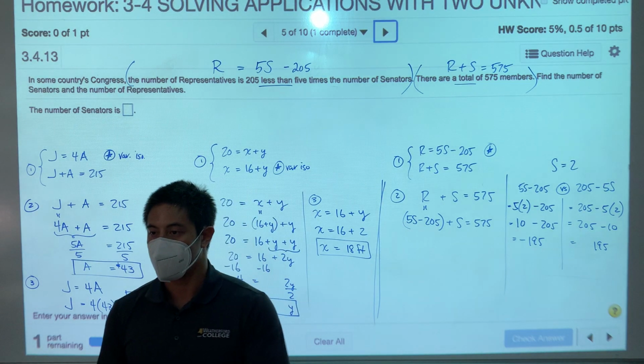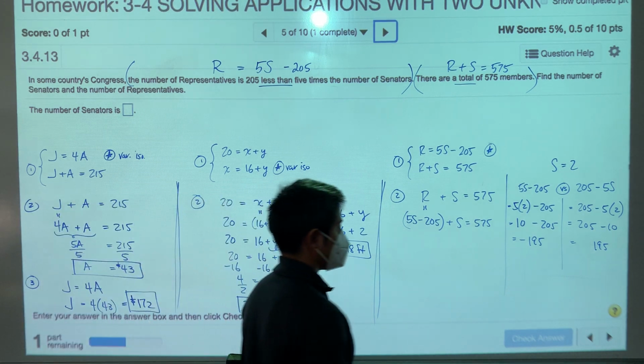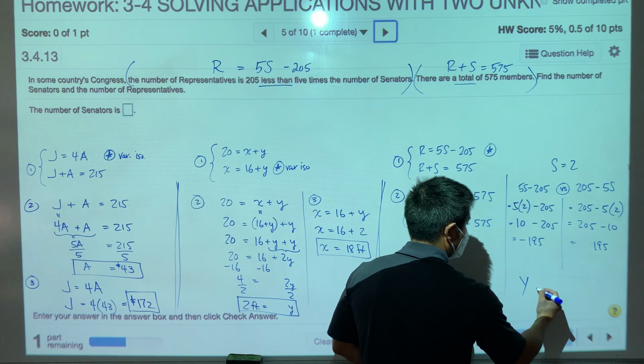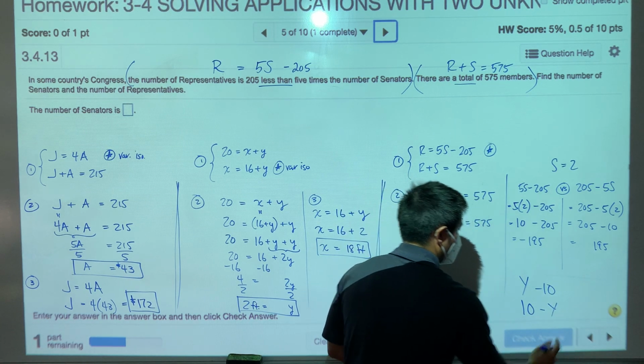Language is important. For example, I make $10 an hour less than you, versus I make $10 more an hour than you. So your salary minus 10 is mine, versus 10 minus your salary.